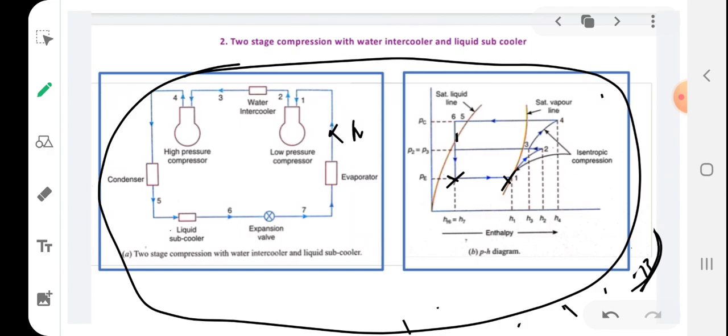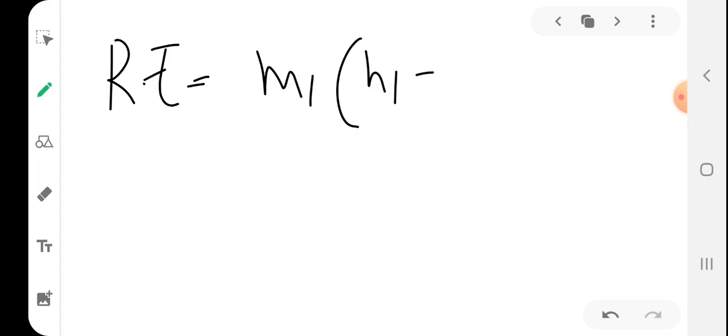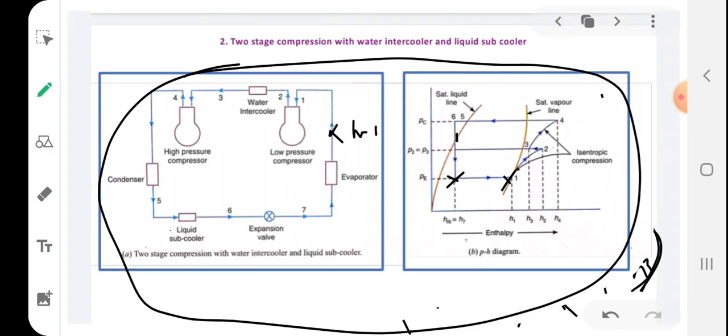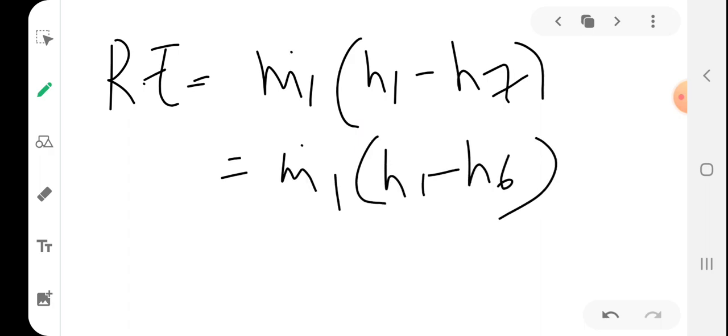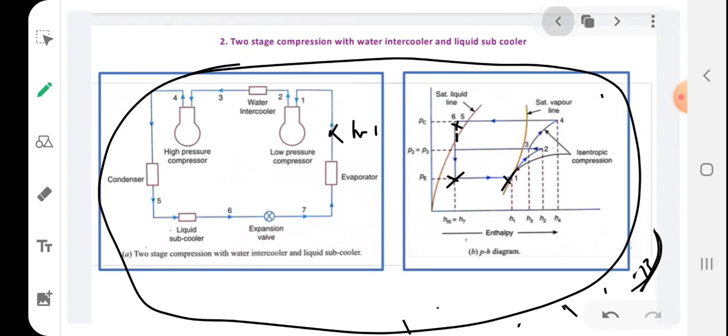The same mass m1 is circulating through the whole cycle. No two different streams are here. So m1 into h1 minus h7, but h7 is equal to h6 itself because that is an isenthalpic process. So m1 dot into h1 minus h6, because h6 equals h7.